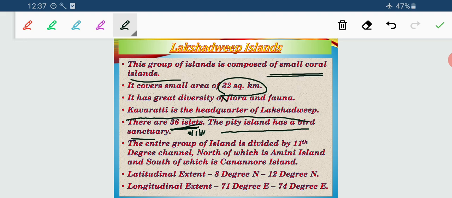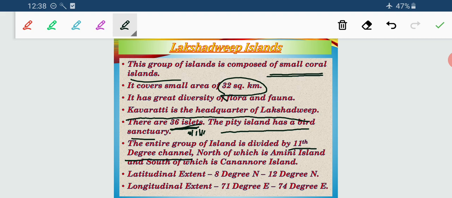All these islands are separated by a water body, and that water body is termed the 11-degree channel.